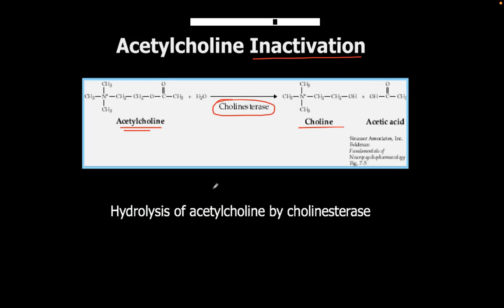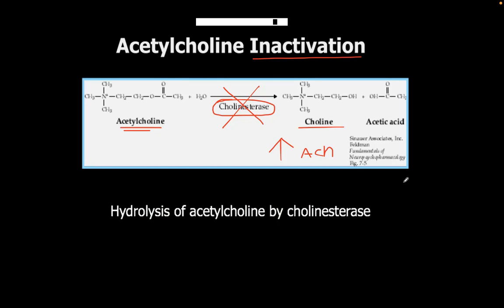If you inhibit this enzyme, there will be increased acetylcholine. Can you give me two important diseases? They're both neurologic, two important neurologic diseases which utilize acetylcholinesterase inhibitors as part of their therapeutics.